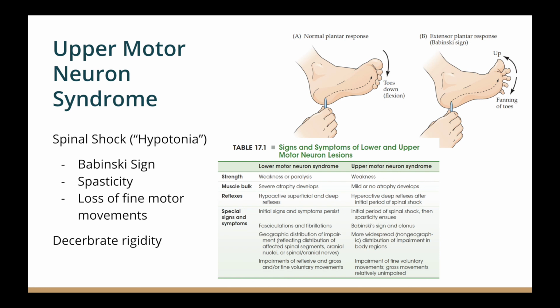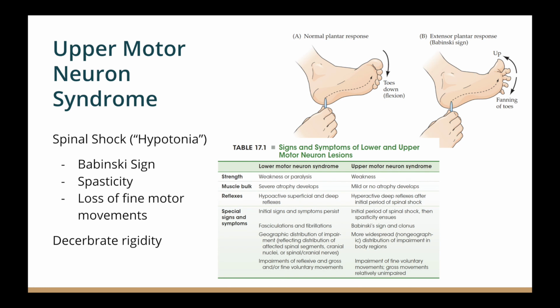First, we have spinal shock, also known as hypotonia, which is motor neuron damage, which decreases input from motor cortices in the brainstem. This includes the Babinski test, spasticity, and the loss of ability of fine motor movements.